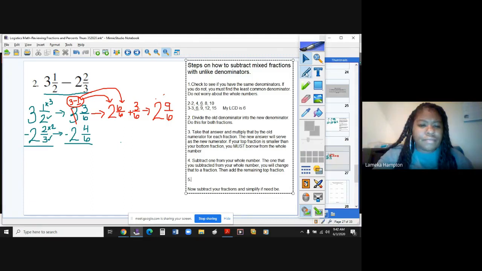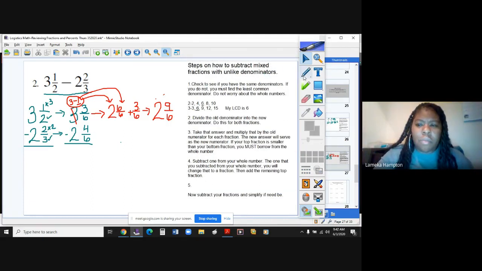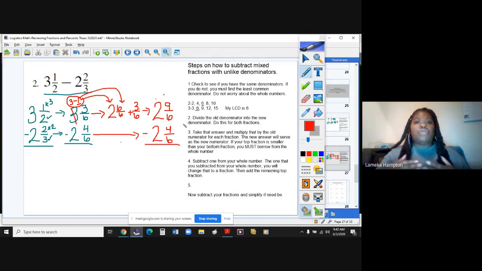Now, I'm simply going to move this fraction over here. And now you're going to see that this is solvable simply because my top fraction is now bigger than my bottom fraction. And that's what you want. You want your top fraction to be the largest fraction on top. If it is not, then you're going to have to follow these rules.